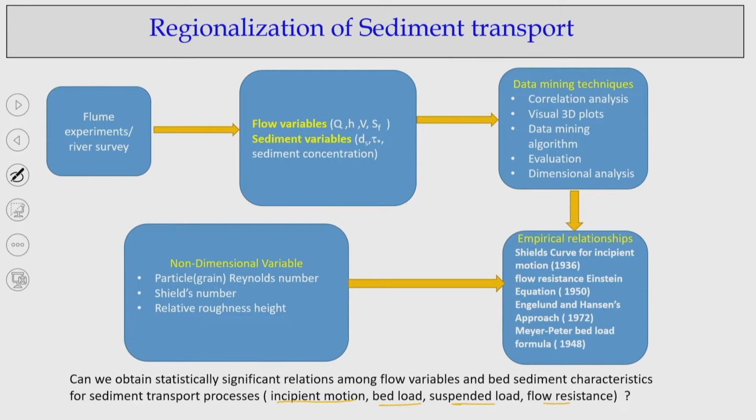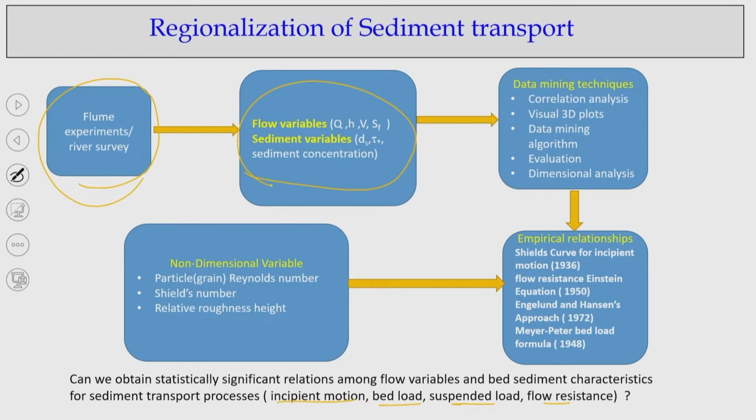A series of experimental flumes as well as river surveys were conducted in many parts of the world, basically in Europe and the United States of America. So, they tried to look at a relationship between the flow and the sediment variables.